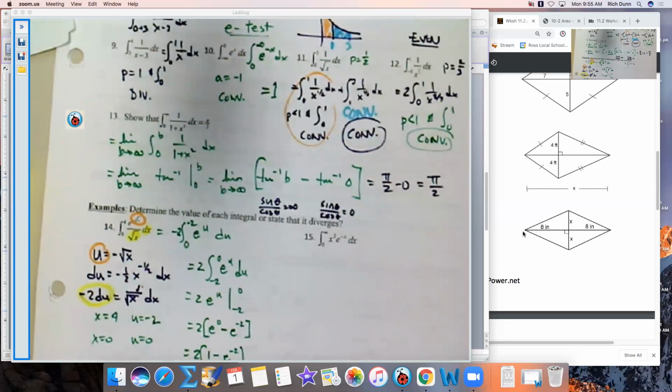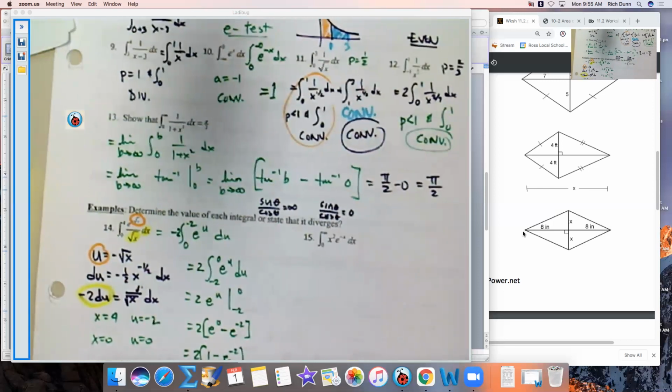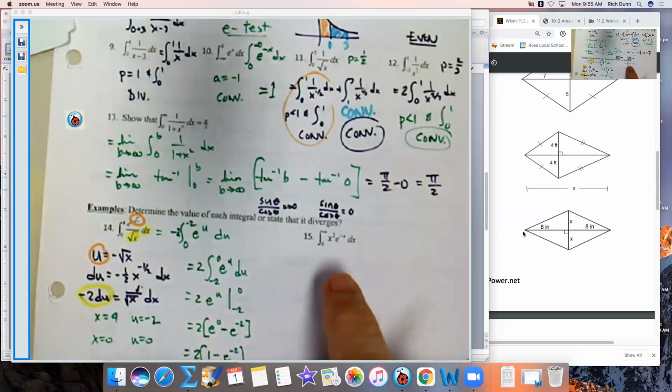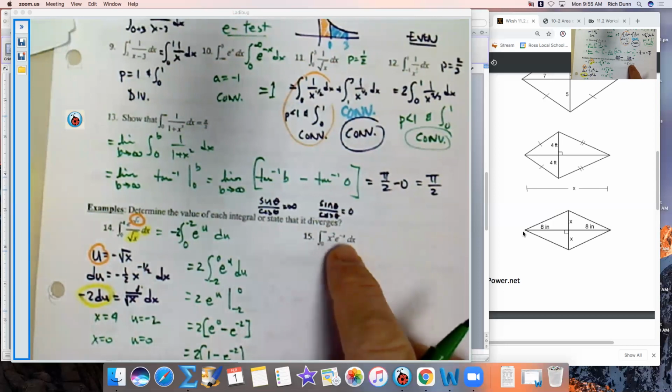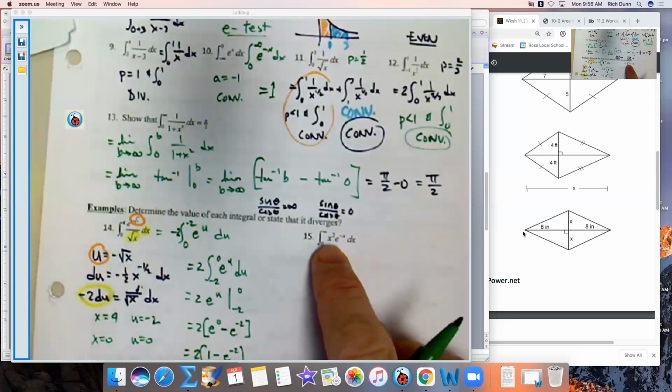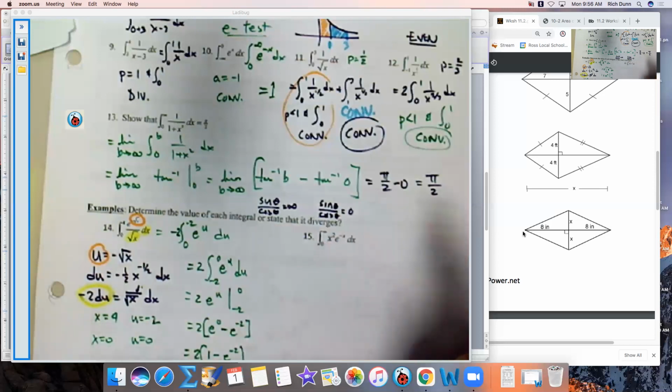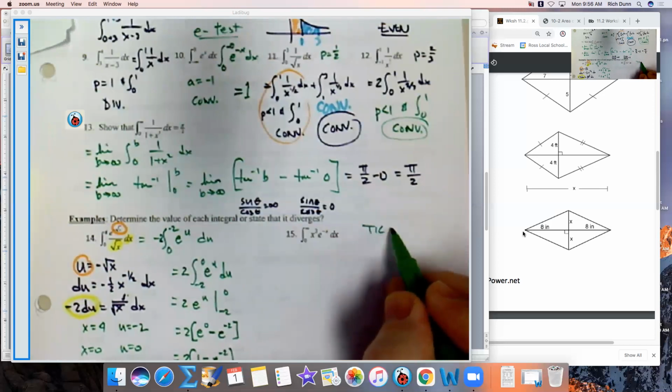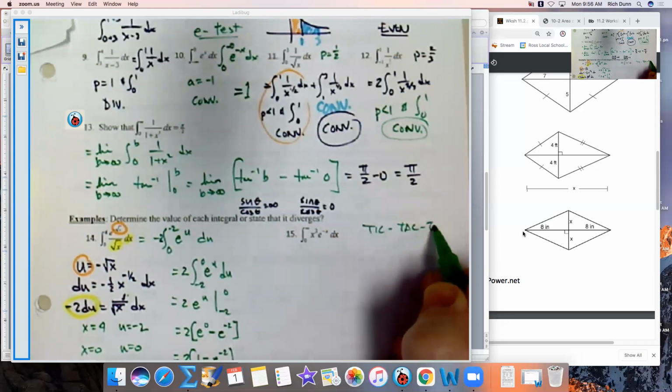Let's take a look at our next one. I think you guys can quickly see from this one that we've got a function times another function. Don't see a quick and easy u substitution with this negative e, but it sure looks like a uv prime, and since this is an x squared, I think it's set up for a tic-tac-toe.